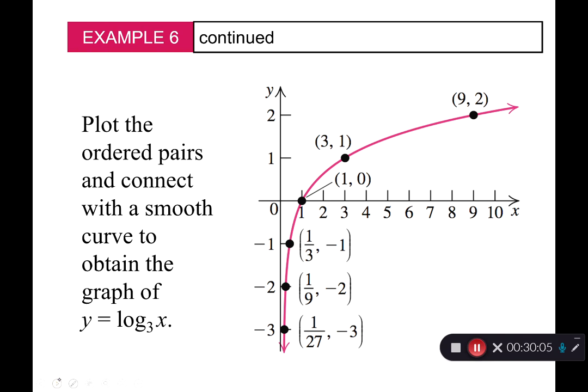Notice I put in my points. After 9, 2, our graph was getting fairly large. I think this is probably the easiest way to do the graph: I need powers of my base to put in for x, and that will get me some nice round y's.